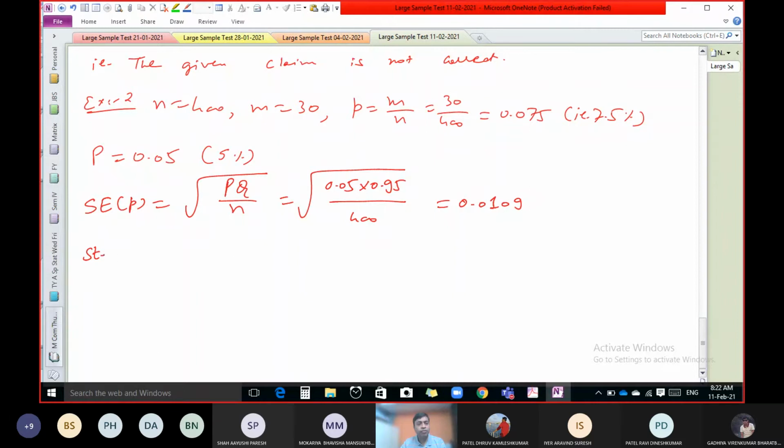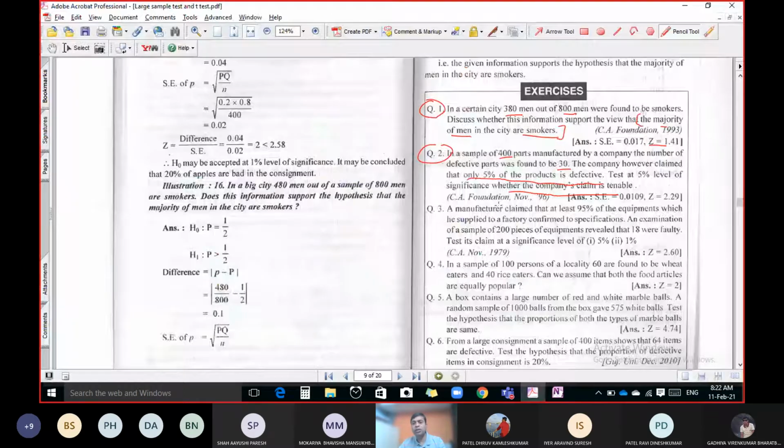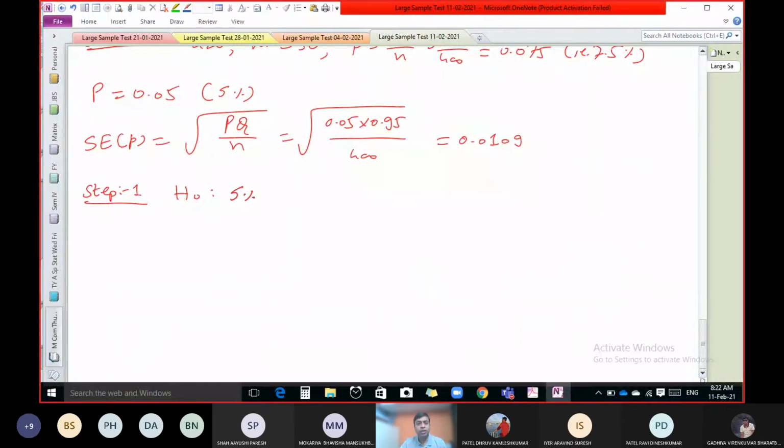Now step 1. H naught. The claim is that only 5% are defective, so 5% of the product produced by the company is defective. That is H naught, capital P equal to 0.05. And what do we write in H1?